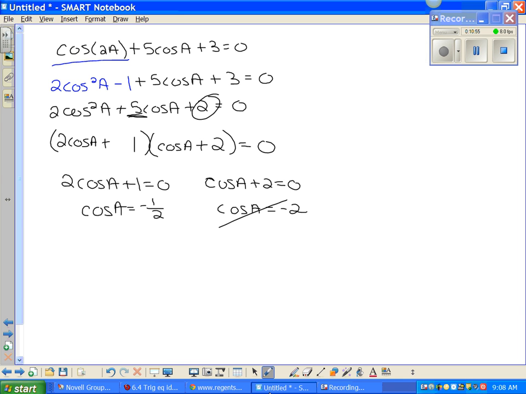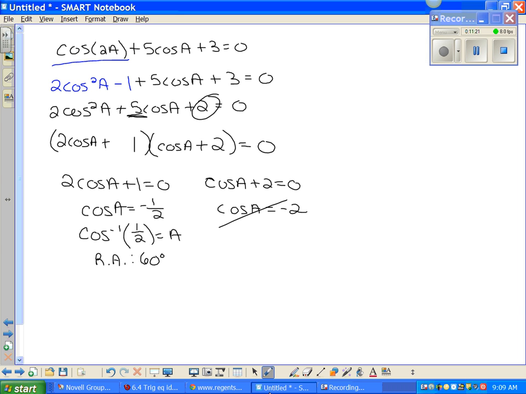Okay, so I'm concerned about where cosine is equal to what? 1/2, right? So when I take the inverse, which is how I get the angle, I have to take it of what? Positive 1/2, because that's going to give me my what? My reference angle. When is cosine equal to 1/2? 60. That's my reference angle, right?